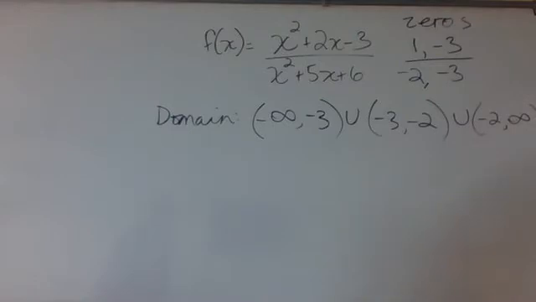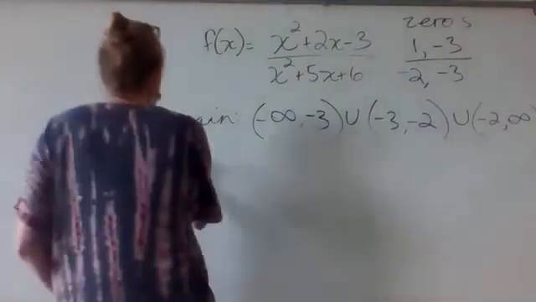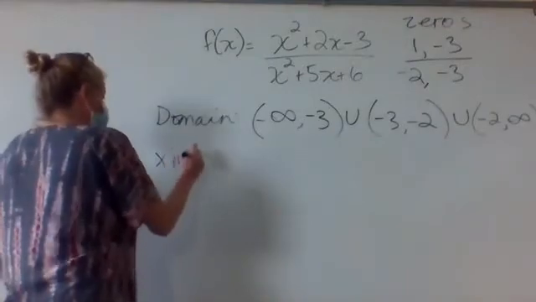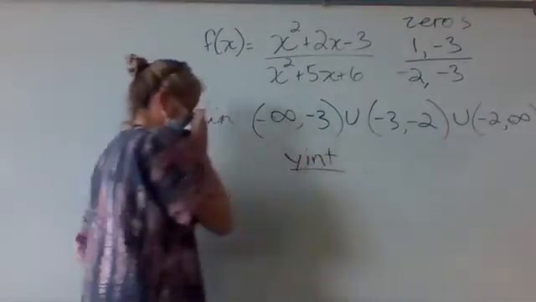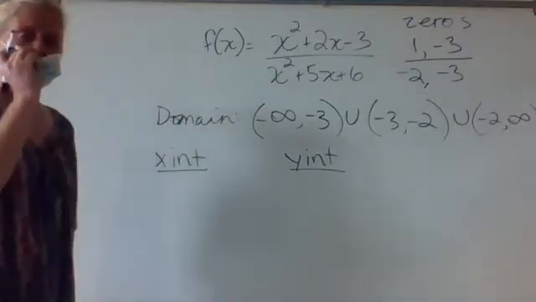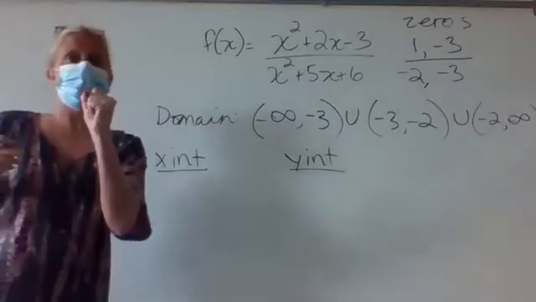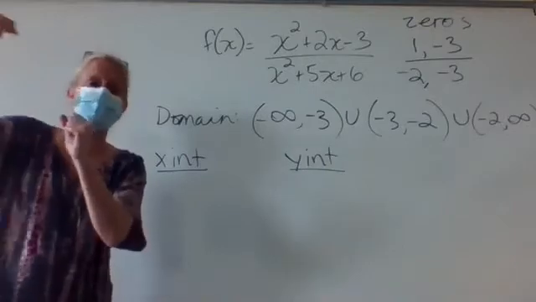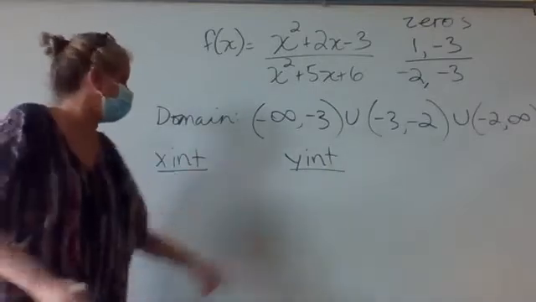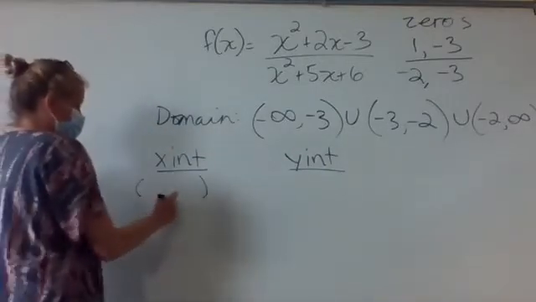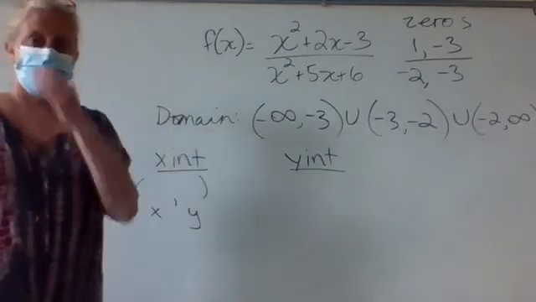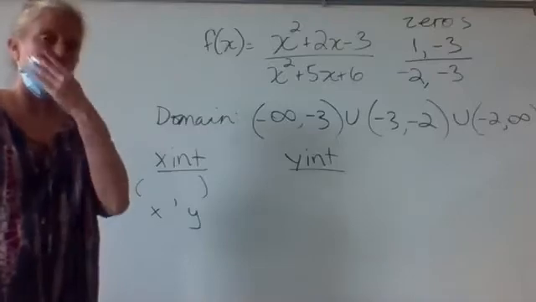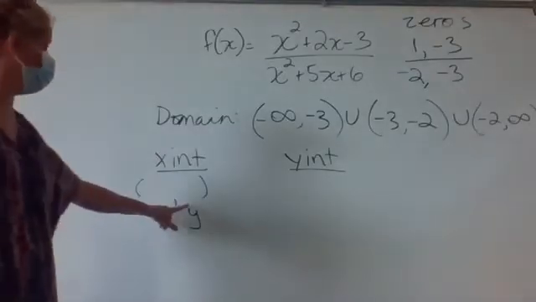The next thing is going to be the x and y intercepts. Now, remember, when you're talking about intercepts, you're talking about physical points, right? It's the point where it crosses the x-axis and the y-axis. So remember, when you are a point, you are an ordered pair. So let's think about the x-intercept's ordered pair.